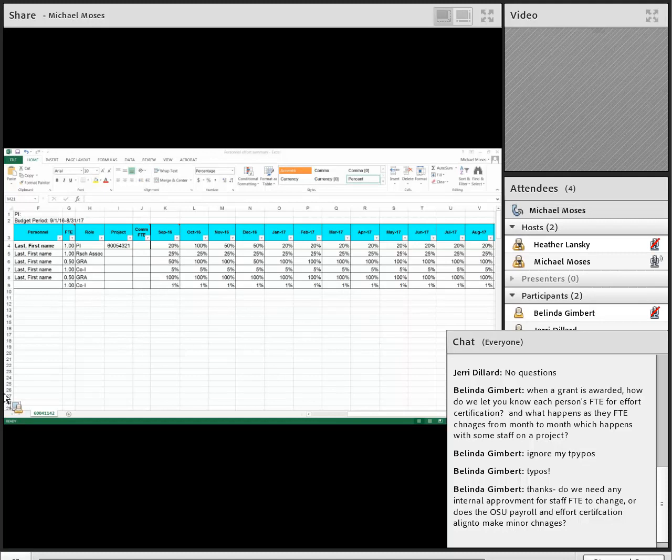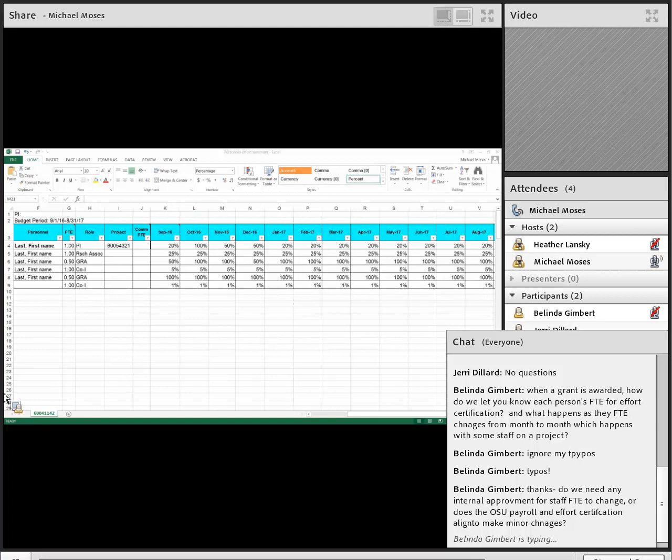Okay, Belinda asks, do we need any internal approval for staff FTE to change, or does the OSU payroll and effort certification align to make minor changes? Internal approval just happens via the HR system, the HR action system specifically. There's a workflow process. So when people are taken on and off of projects, that's at the request of the investigator.